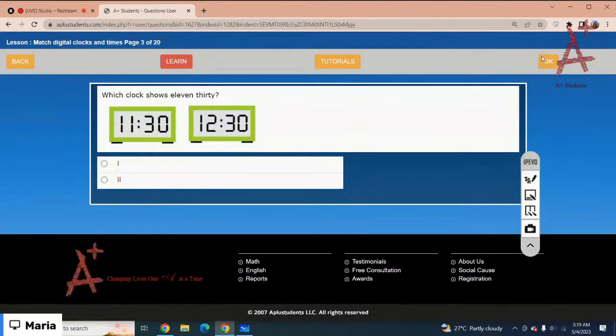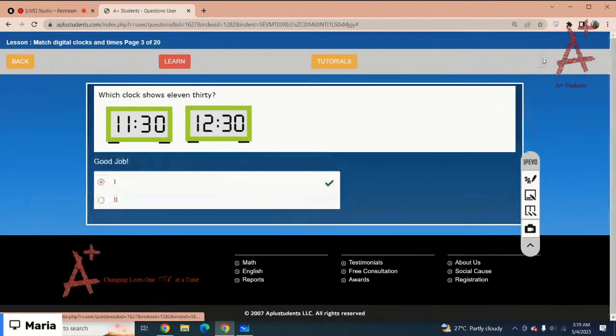Which is the correct option? Yes, the first one shows 11:30. You can see here you have 11 and 30, 11 hours and 30 minutes.